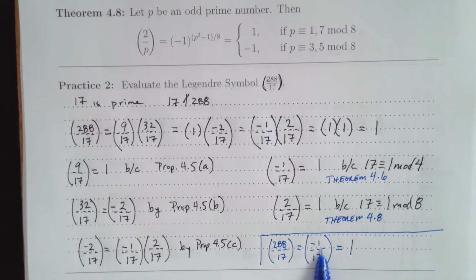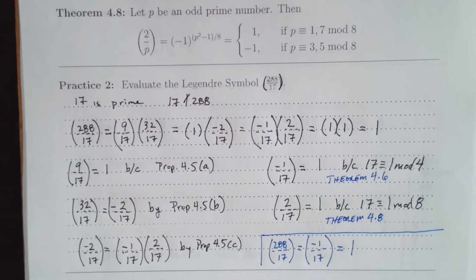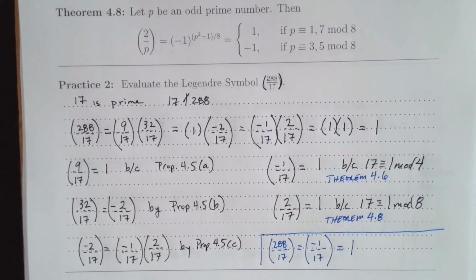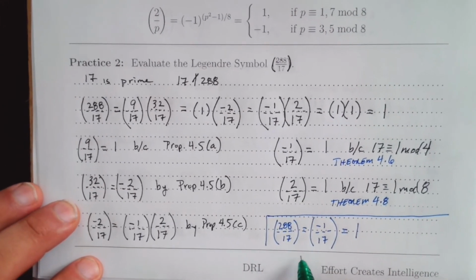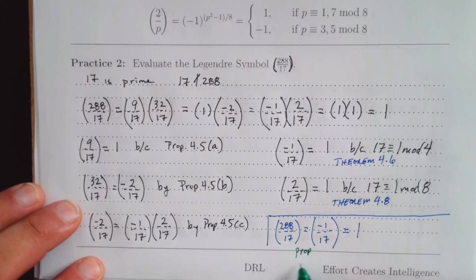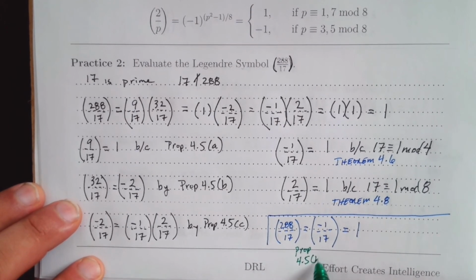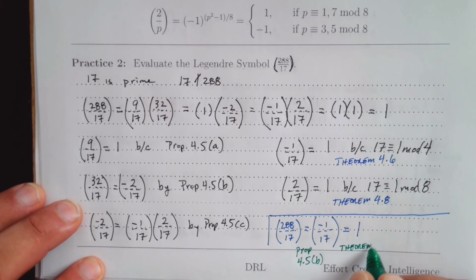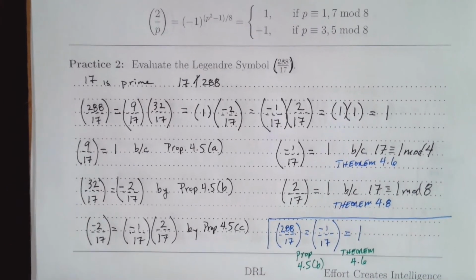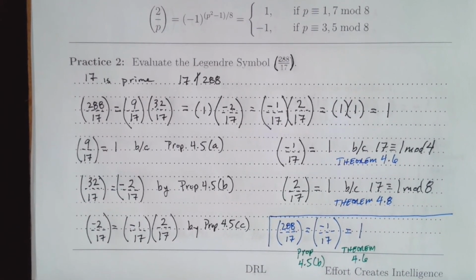So this will be our fastest approach to solve this problem, but it doesn't matter the approach. We must be comfortable with what we did, where on this part we would have used proposition 4.5b, and on this part we would have used theorem 4.6. Okay? So a little bit of playing around with the computing of the Legendre symbols.